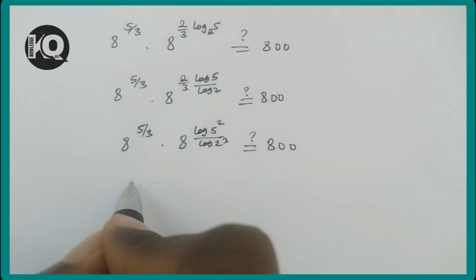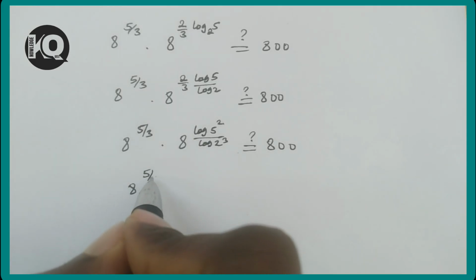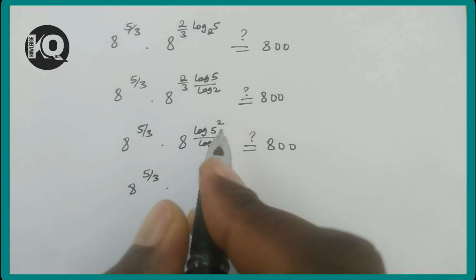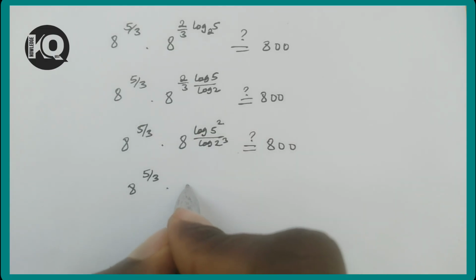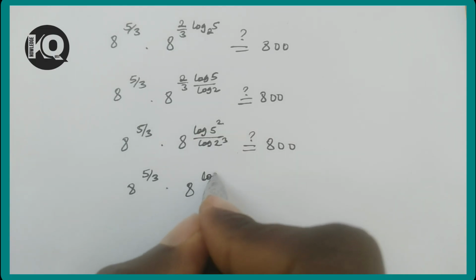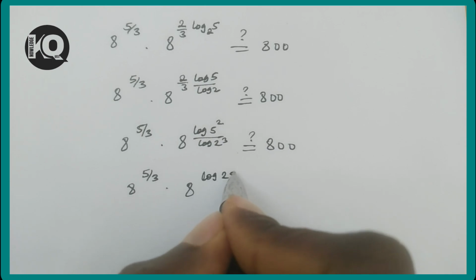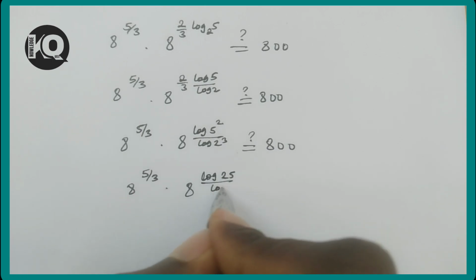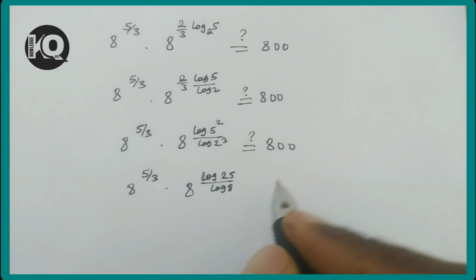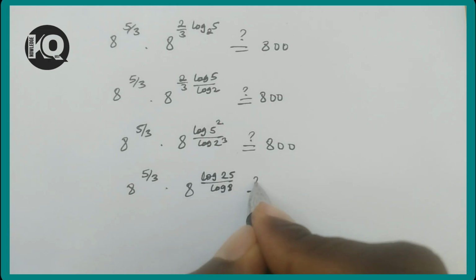Then it will be 8 to the power of 5 over 3 times 8 to the power of log of 25 over log of 8, which is equal to 800.